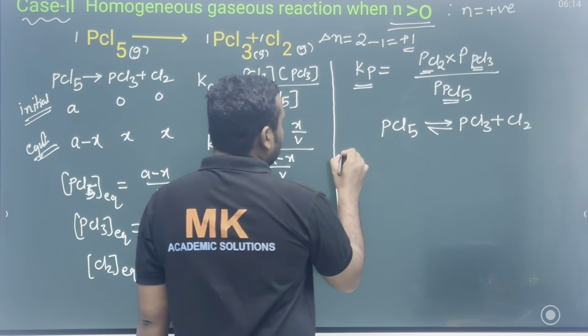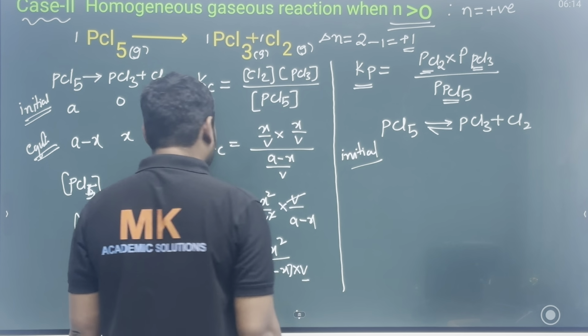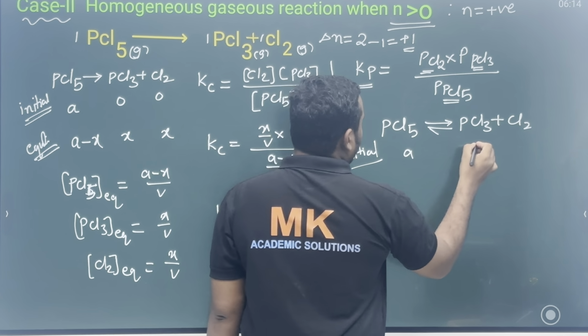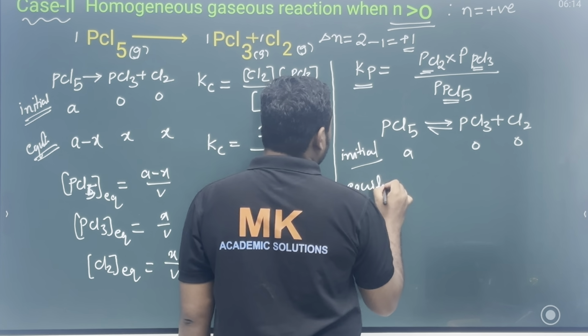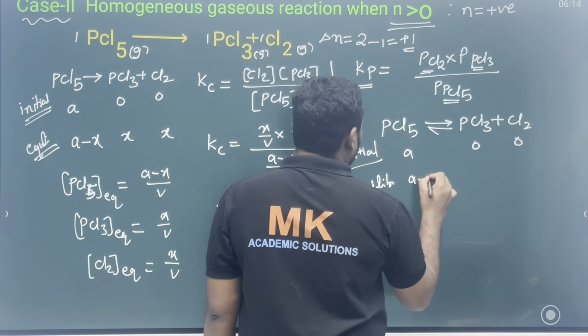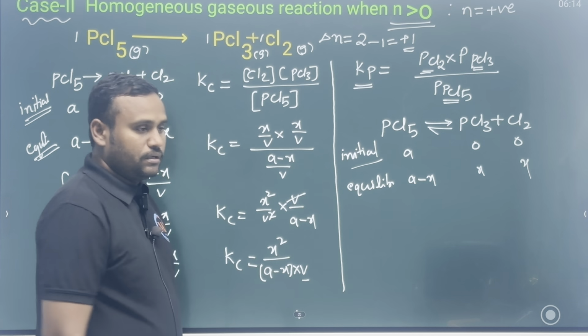So now here initial condition A moles and 0 moles, at equilibrium what we are going to consider? A minus x, x and x. So these are the number of moles at equilibrium.